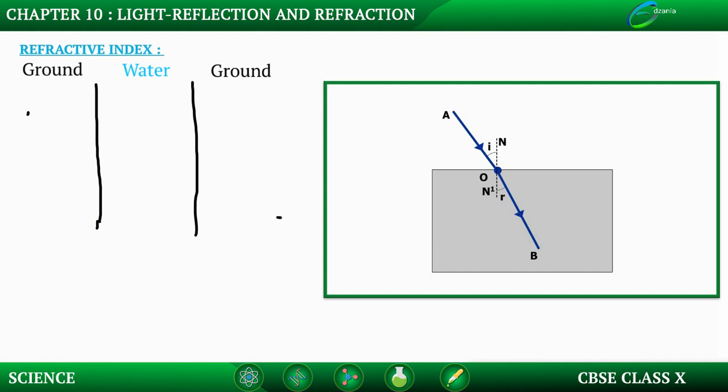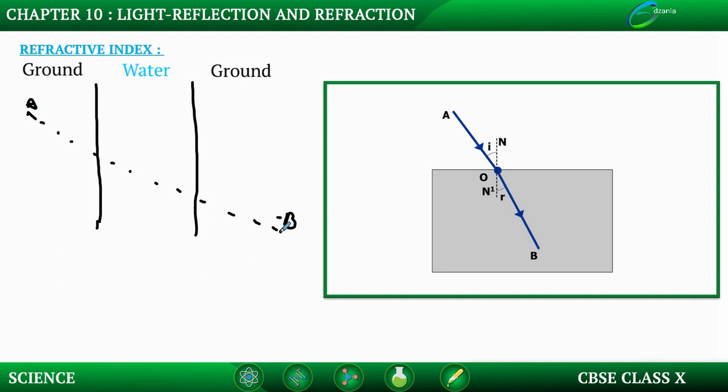Something like light passing through a slab where in between the medium is changing. Normally, by the principle of least time, if we want to reach from point A to point B in minimum time, the best way is to go straight, the straight line between 2 points.